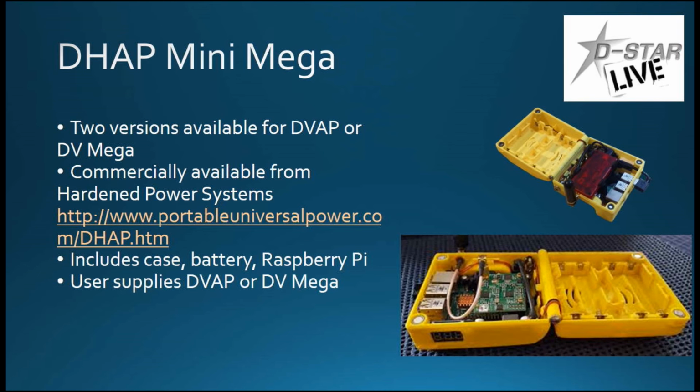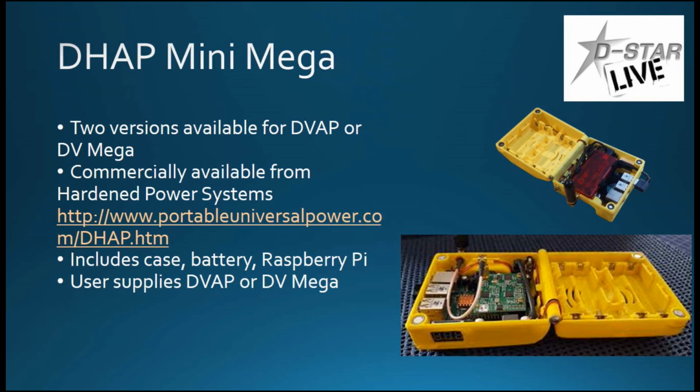Underneath that yellow case and underneath the DVAP that you see is a Raspberry Pi. They packaged this from Hardened Power Systems, and they even put places for batteries in the flip part of the lid, so it can be totally self-contained, made for a nice little setup.